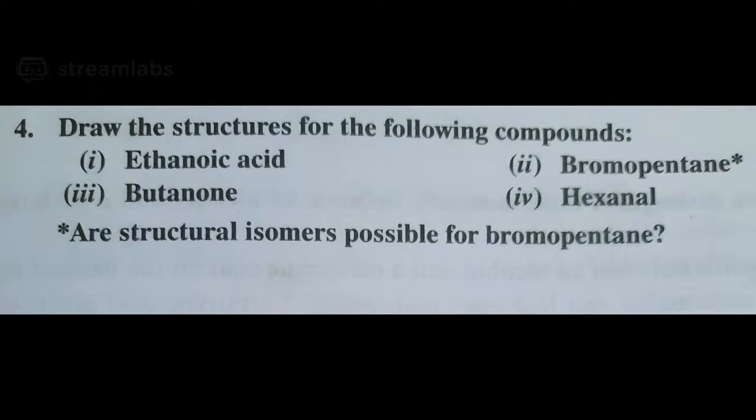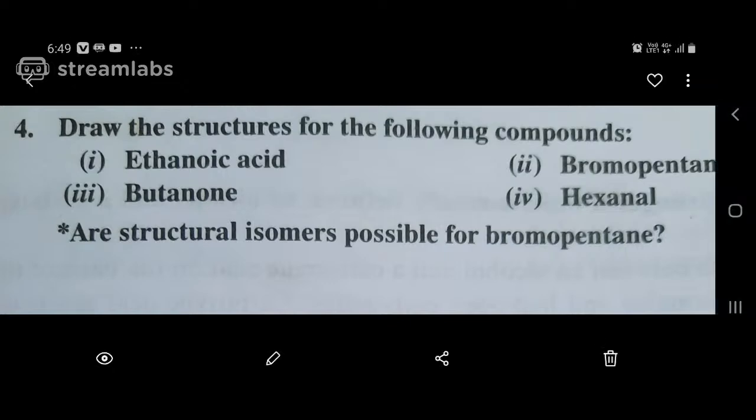At the last remove 2 hydrogen, okay, not 2 hydrogen. You just remove 1 hydrogen and join OH group. That will become aldehyde.